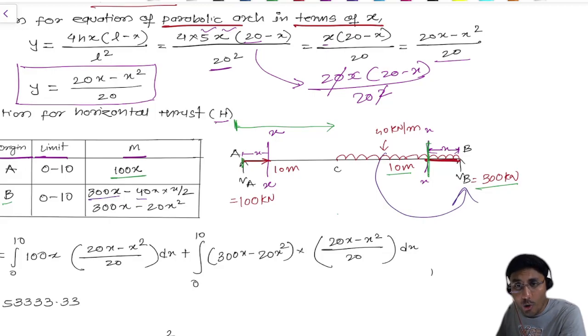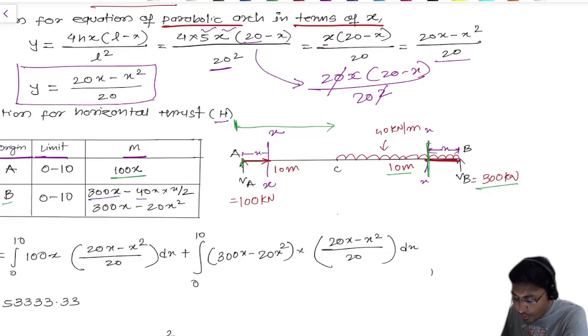So what will happen is 300x minus 40x into x by 2. So this becomes 300x minus 20x square. How? 2 ones are 2, 2 twenties are 40, so 20x square. So you have 300x minus 20x square.